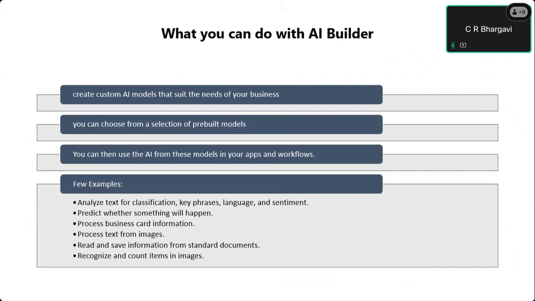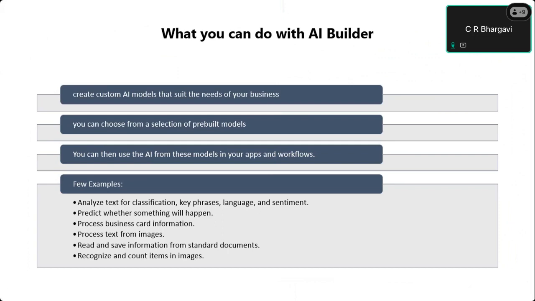Say, in case we don't want the invoice ID to be read from the invoice, then we can still go ahead and edit the properties that are there inside the document.